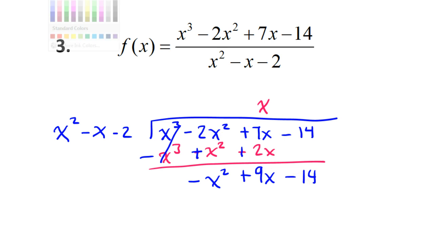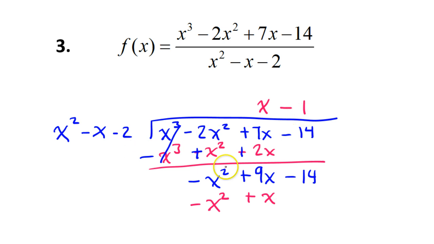Okay, so I sort of start over. And I say x squared times what will make negative x squared? Well, that's going to be negative 1. And I will take my negative 1 and do the distributive property. So negative 1 times x squared is negative x squared. Negative 1 times negative x is positive x.